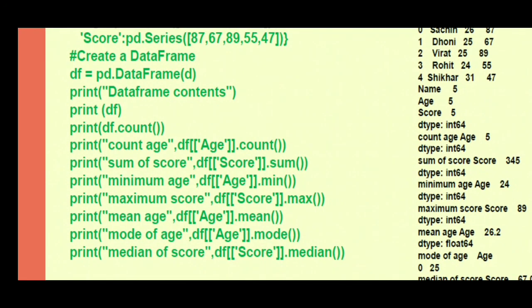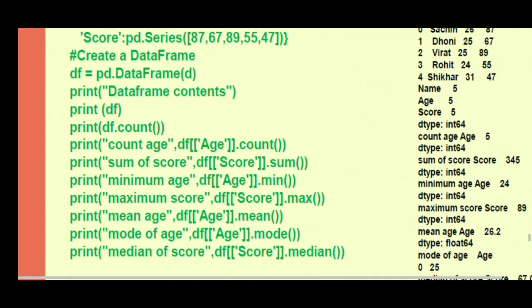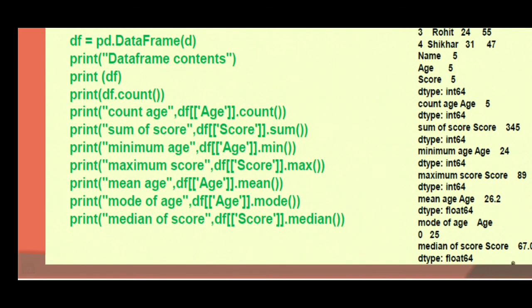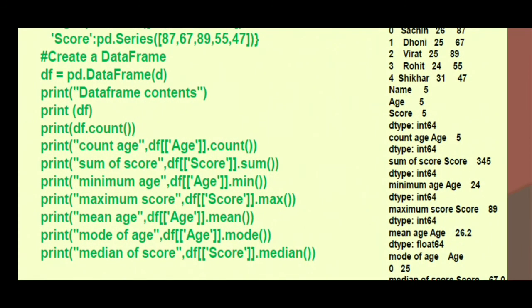Then sum of score, it will sum it. Sum means it will add, and count means it will just find out the number of records. Then age.min gives the minimum value of age, the maximum value of score, then mean of age, then mode of age, then median of age. So these are the functions which are used to aggregate values.